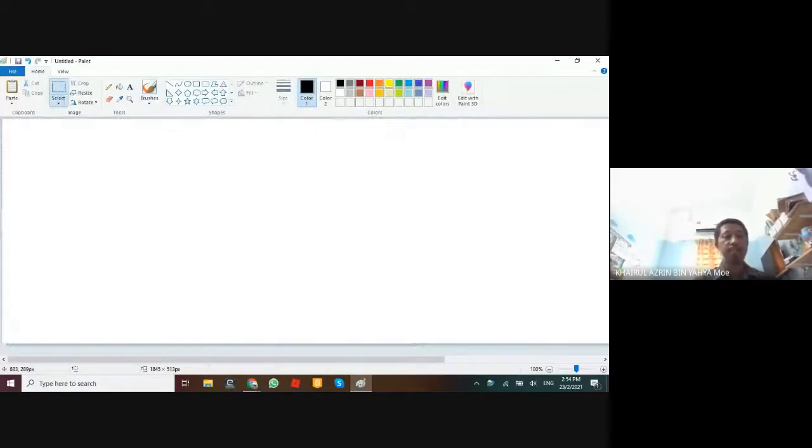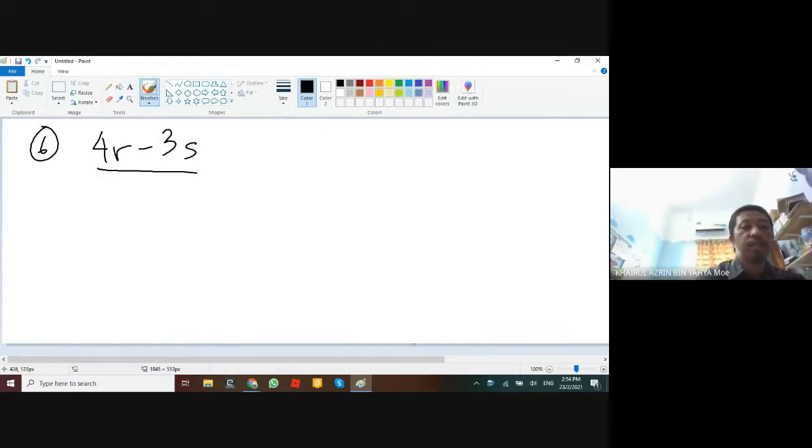Next, question number 6. I choose this type of question: (4r minus 3s) over (2r plus 3s) minus (3r minus 4s) over (2r plus 3s). I make it smaller because I think the answer is long.